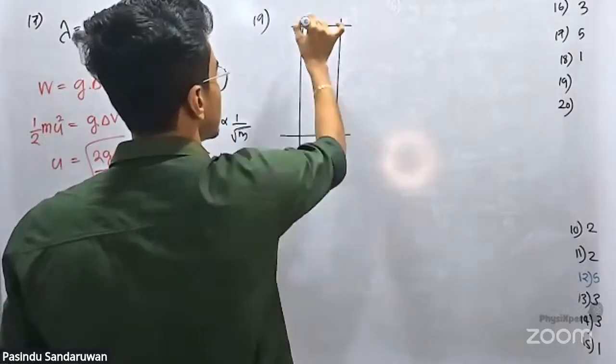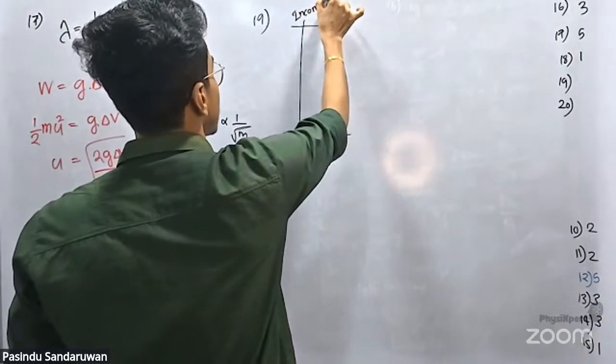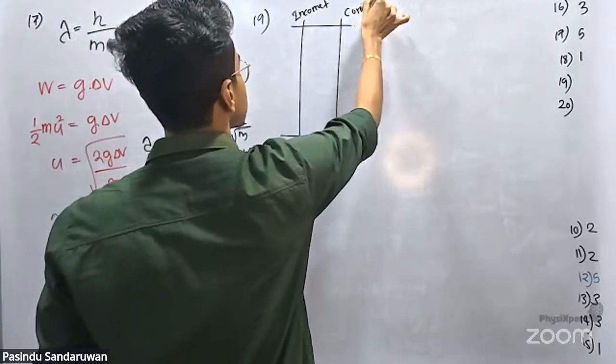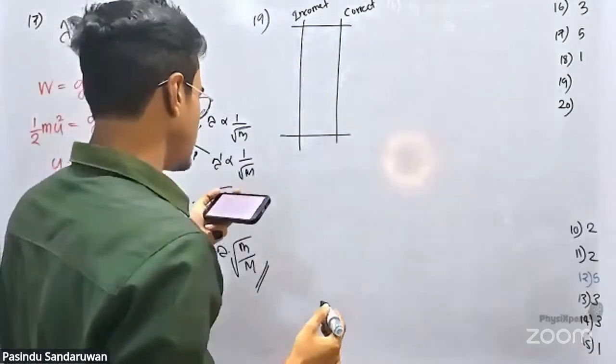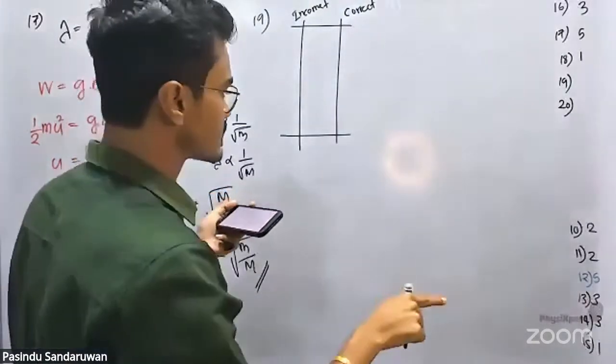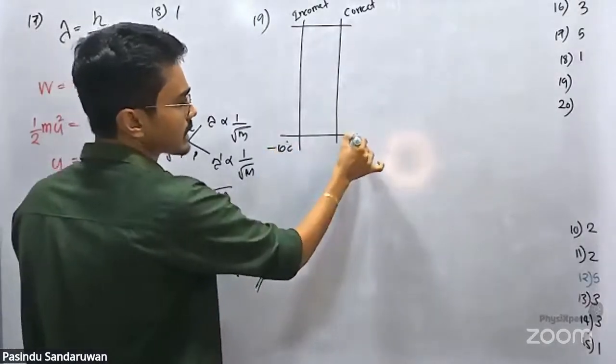So on one side I'll mention the incorrect values and here I'll mention the correct values. Now, the ice point of the thermometer has been marked as -10. That is incorrect. So this is -10, and the correct value has to be 0.